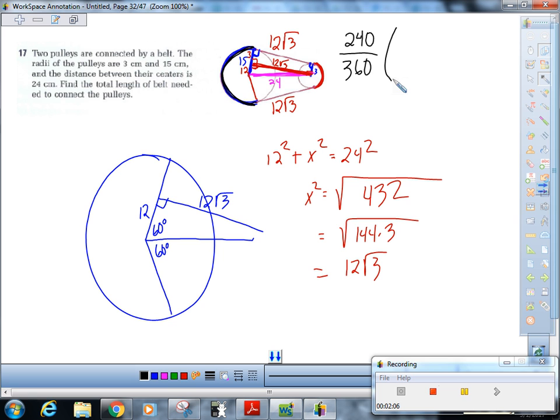I take that fraction and I multiply by the circumference, which is 30 pi, and you get 20 pi for that one, okay?